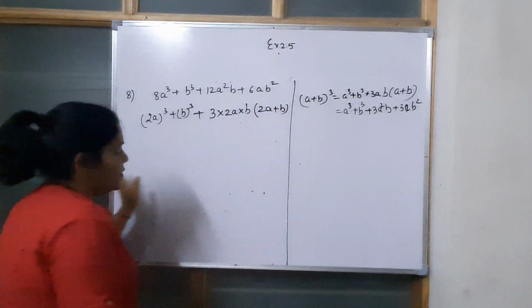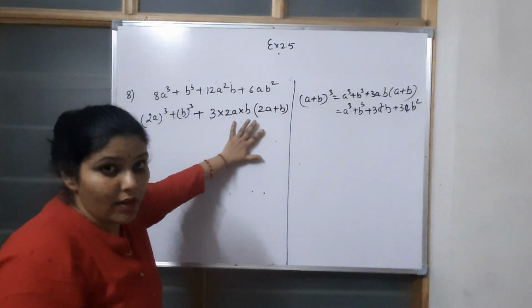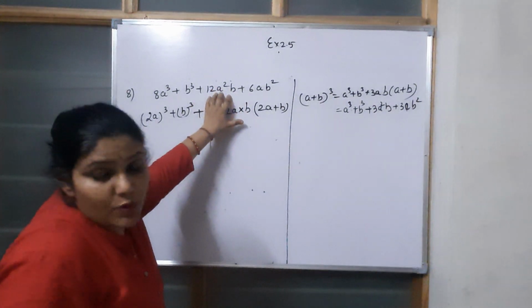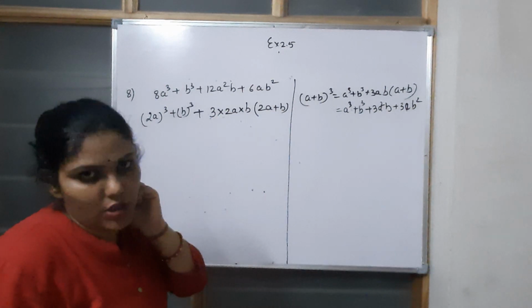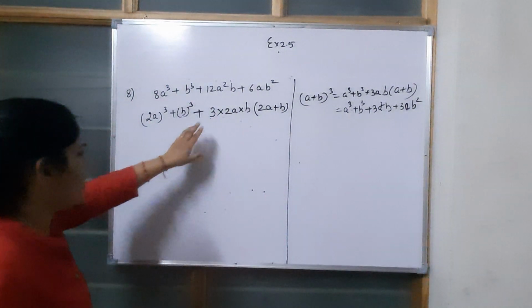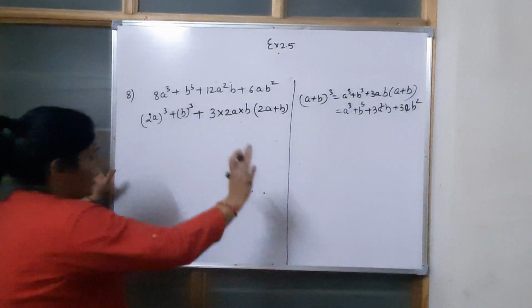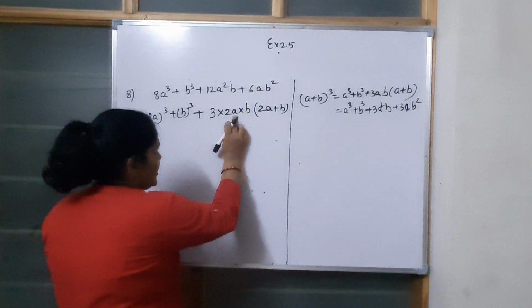Why have I written it like this? So that I can check whether, when applying the identity, we get the same terms which we have in our question. 3 2s are 6, so 6ab multiplied by 2a.